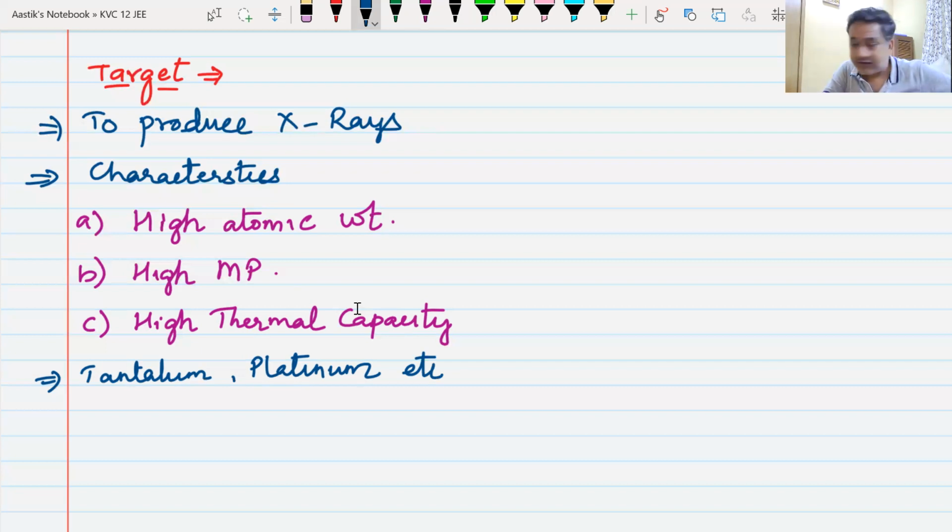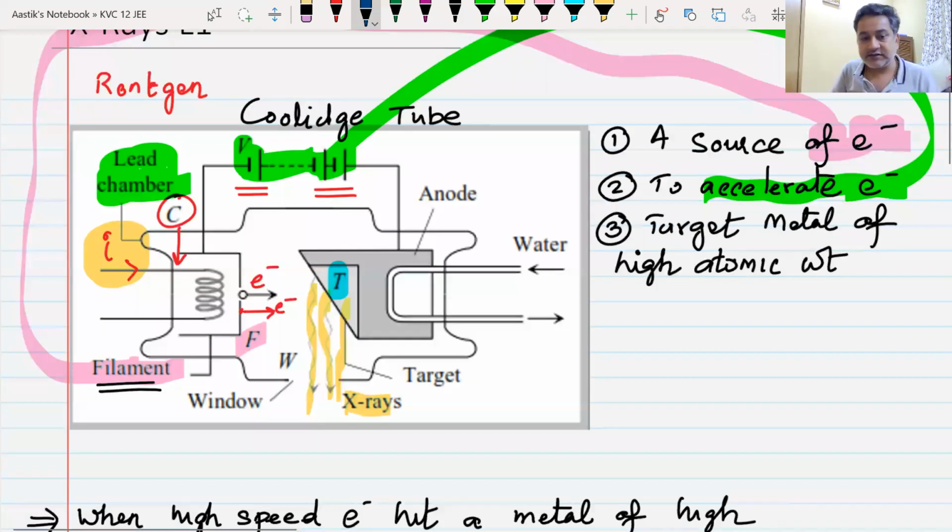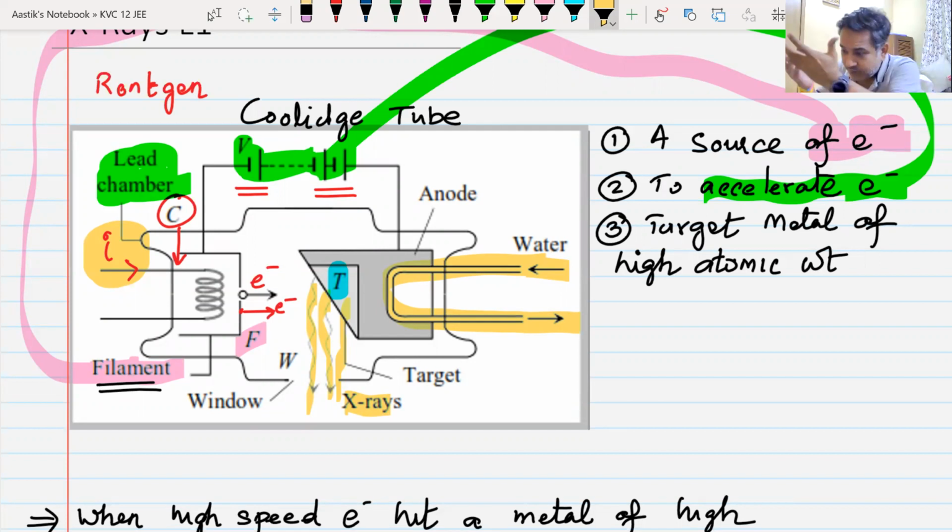There was this. Did you see this? Why this? For cooling. This water is for cooling it, because it will get very hot. We want high thermal capacity, but we may also have some means of removing the heat.